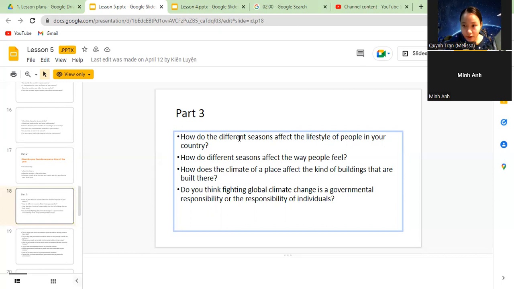Like in summer, we can wear some airy or breathable clothes, but in winter we have to wear wool coats, or thick coats to keep ourselves warm.